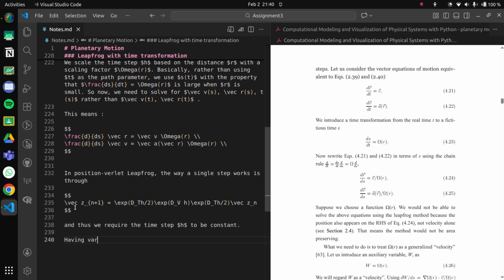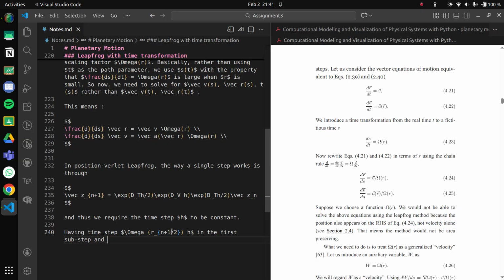Having varying time steps, having different time steps, okay, more like having time step r sub n plus half, that's omega evaluated at this thing, times h in the first sub step.